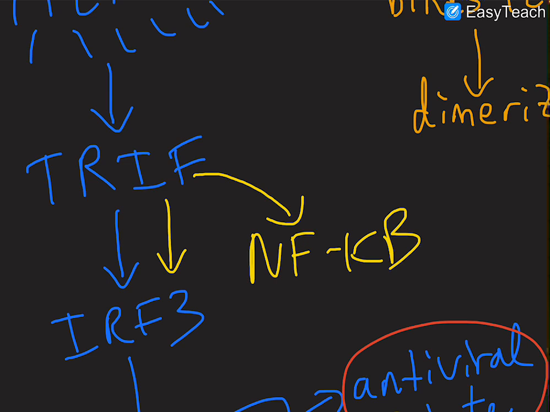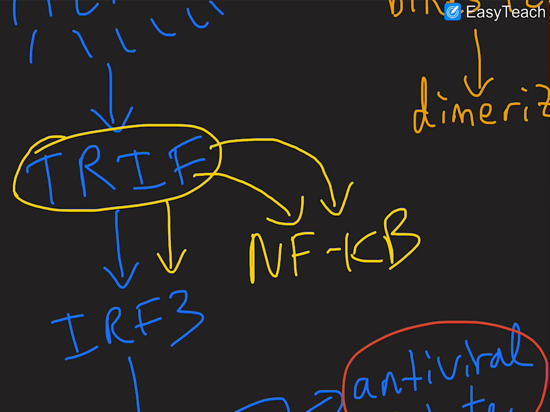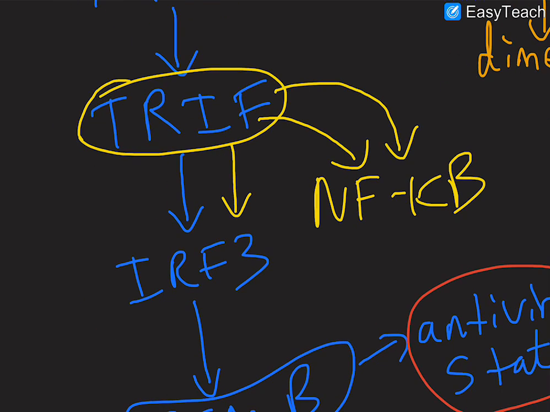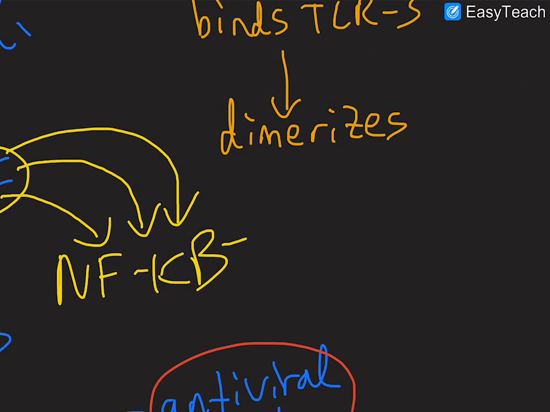And we've seen that with MyD88. Remember, for example, toll-like receptor 5, MyD88 got activated instead of TRIF, and that pathway activates nuclear factor kappa B. But TRIF, not only does it activate IRF3, it also activates nuclear factor kappa B.